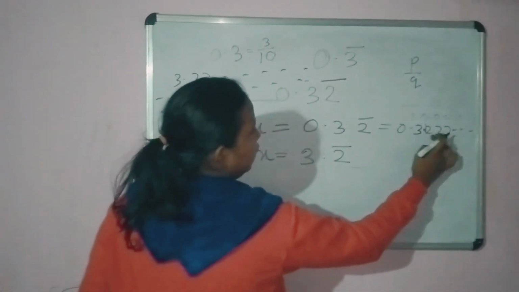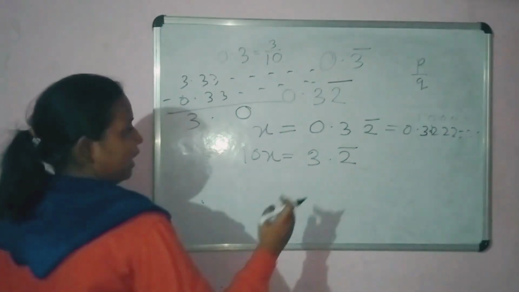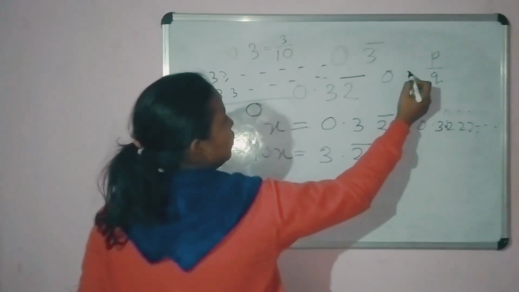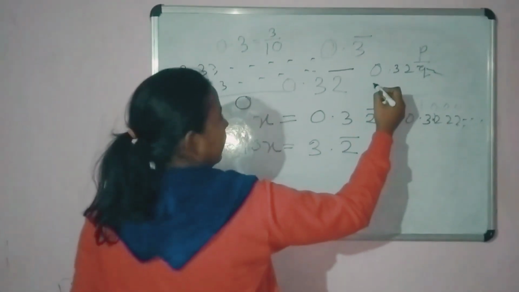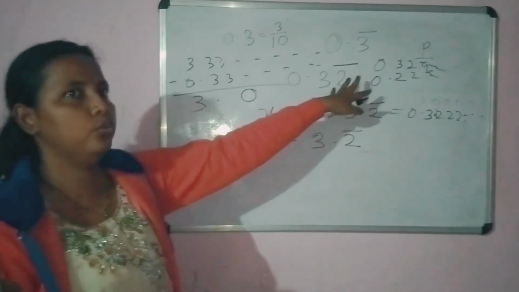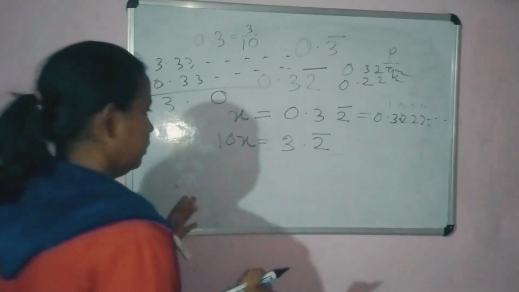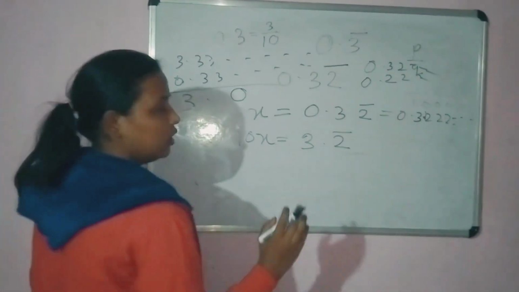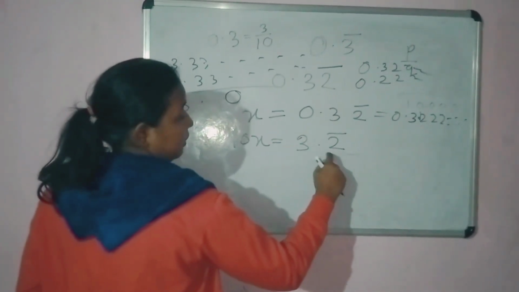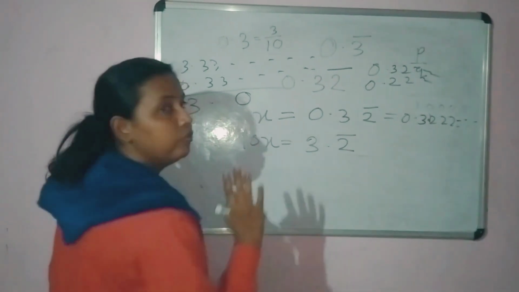So it will be 3.2222 like that. Now if I subtract 3.2 bar and 0.32 bar, it will be difficult for us to subtract. So to make the subtraction easier, we want both to have the same form of 2 bar after the decimal.